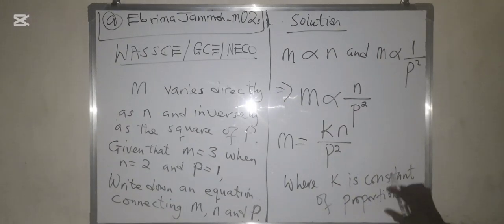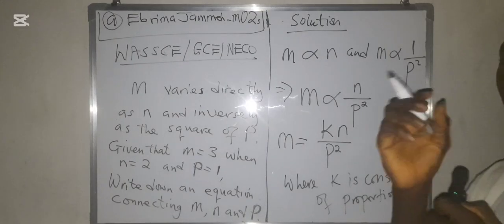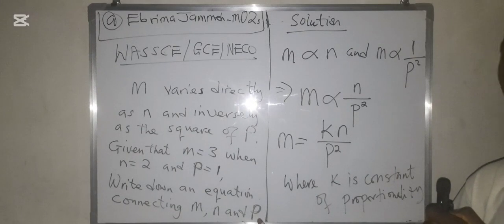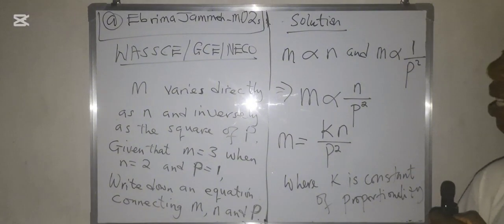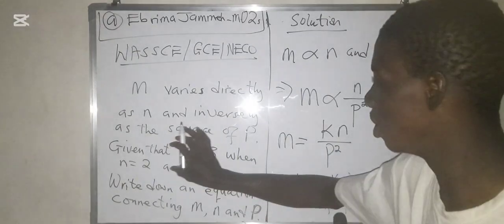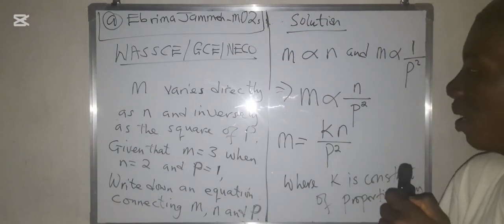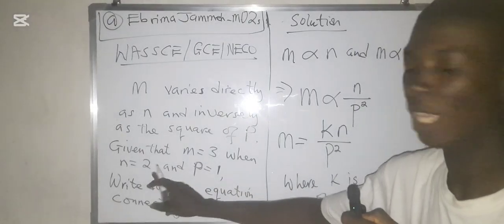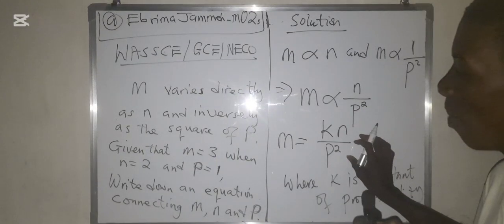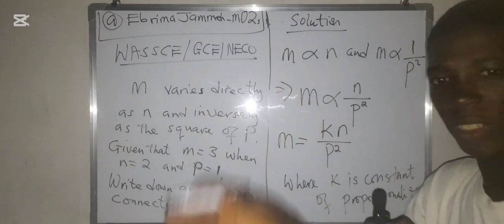Now, the mistake that students make is that they conclude that this is the equation connecting M, N, and P. This is not the equation connecting M, N, and P. You can conclude that this is the equation if there is an additional question where you are given M and N, then asked to find P. But here there is no additional question where you can be asked to find M when N is this or that.